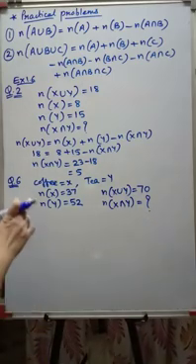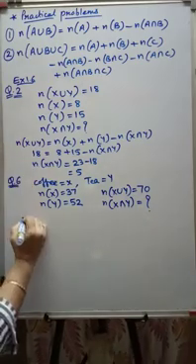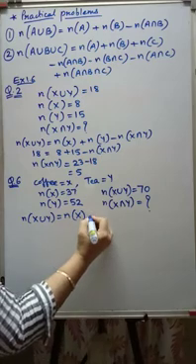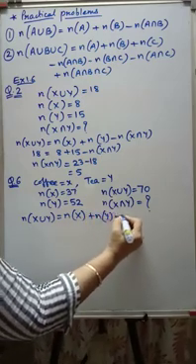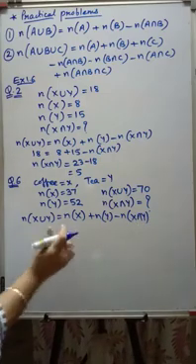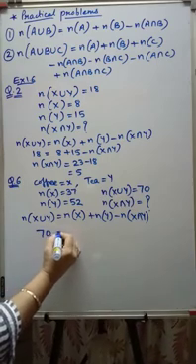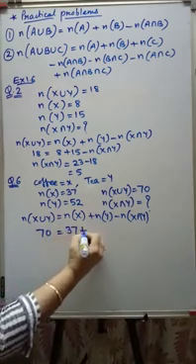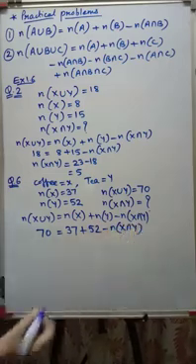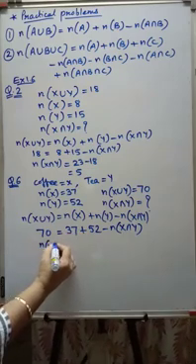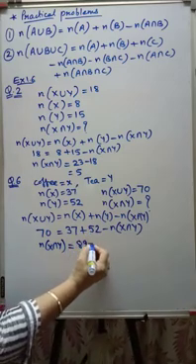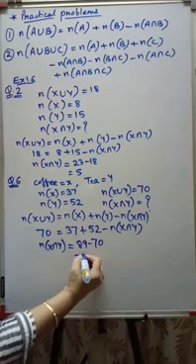This you have to find, so you have to use the same formula: n of X union Y is equal to n of X plus n of Y minus n of X intersection Y. X union Y is given as 70, so 70 is equal to 37 plus 52 minus n of X intersection Y. So n of X intersection Y is equal to 37 plus 52, which is 89, minus 70, which is 19.